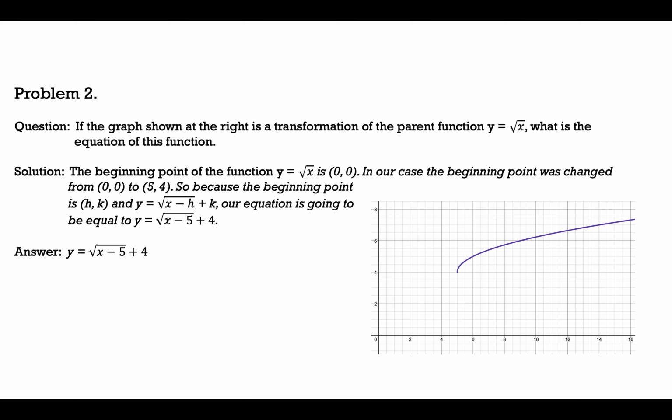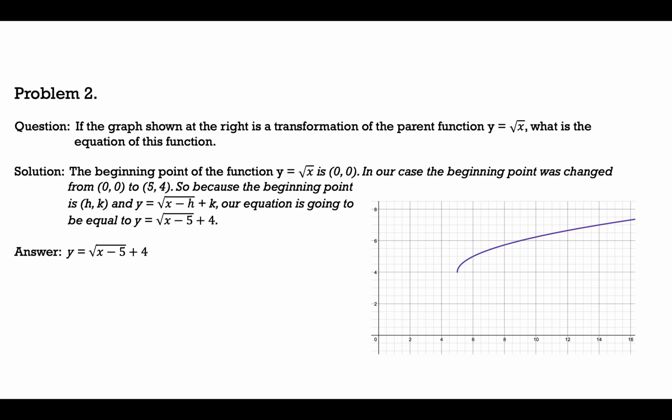So this is problem 2. It asks: if the graph shown at the right is a transformation of the parent function y equals square root x, what is the equation of this function? Let's look at the beginning point of the new graph. As you can see on the right, the beginning point now is 5, 4.